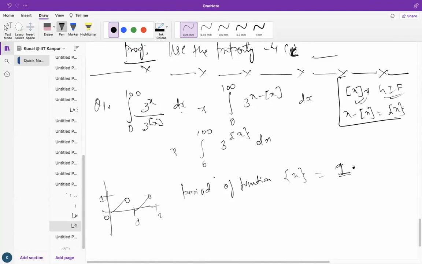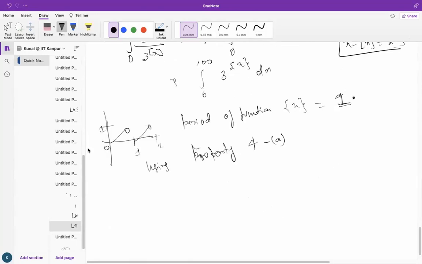So now we are trying to use our property number 4a. What is property fourth A? Actually, it is the integral from 0 to nt of f(x) dx, which is equal to n times the integral from 0 to t of f(x) dx. I hope you remember this property.